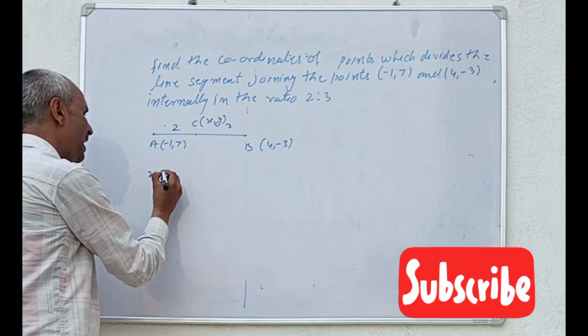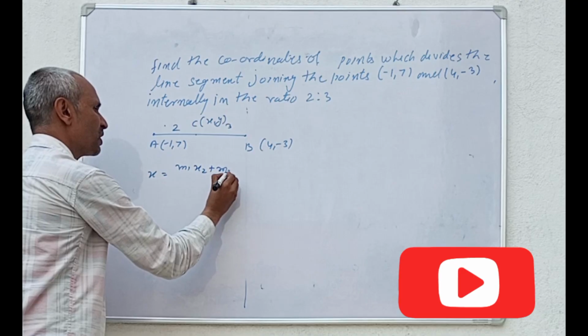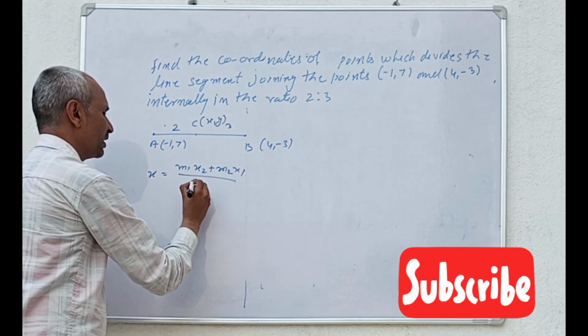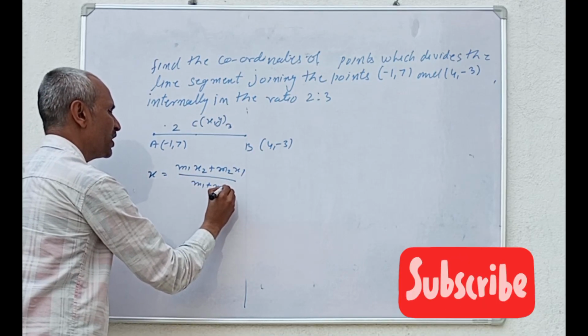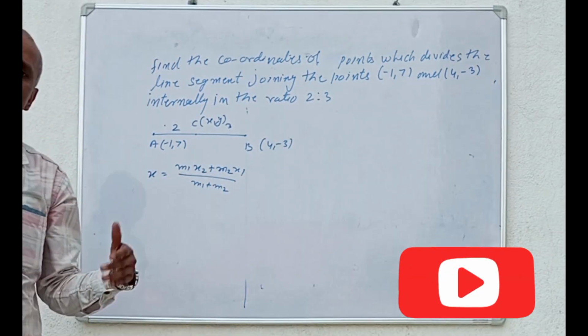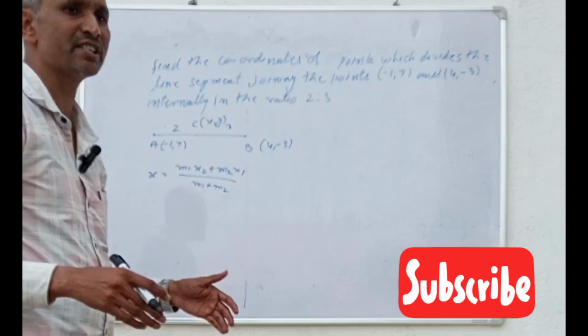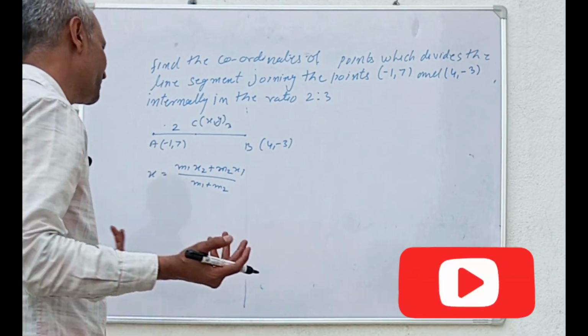I hope you know. X is equal to m1 x2 plus m2 x1 by m1 plus m2. What are m1 and m2? That is the ratio. Sometimes it is written m and n, sometimes p and q, sometimes m1 m2, sometimes n1 n2, any different letters can be used.